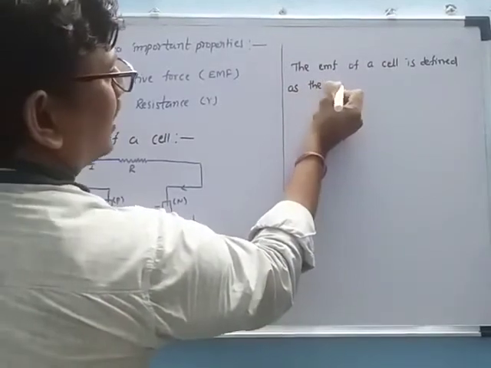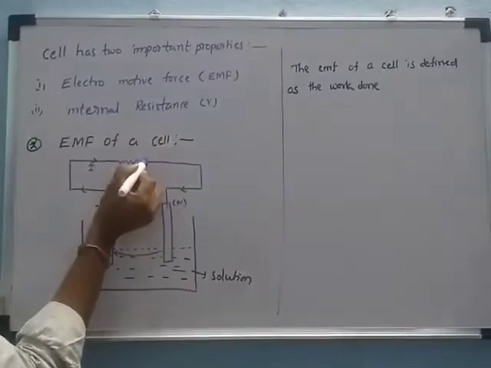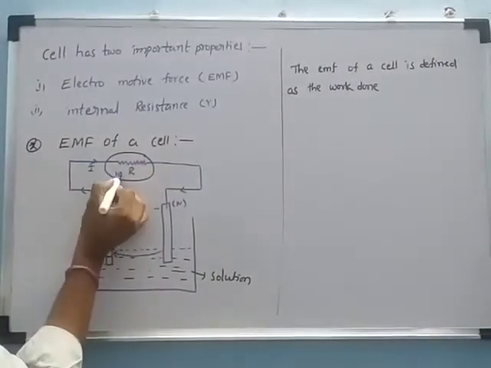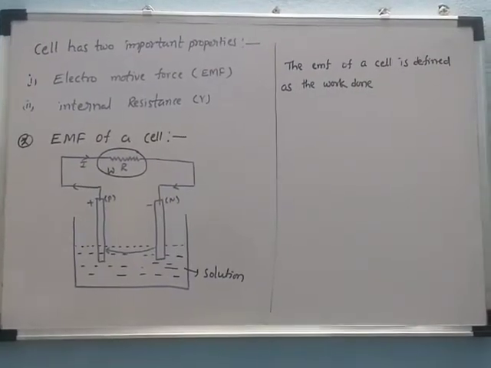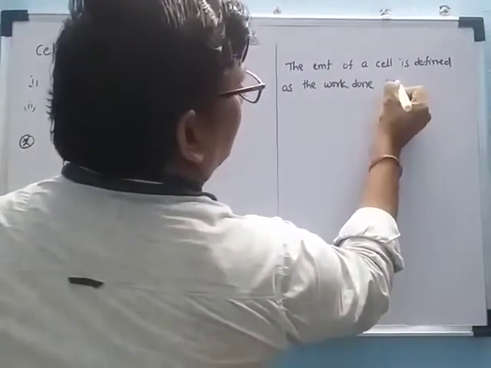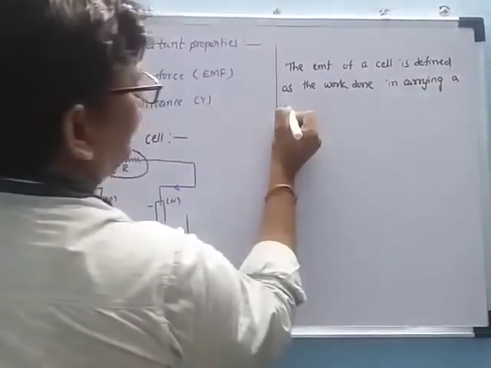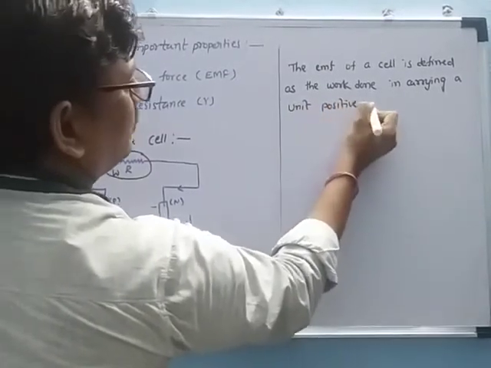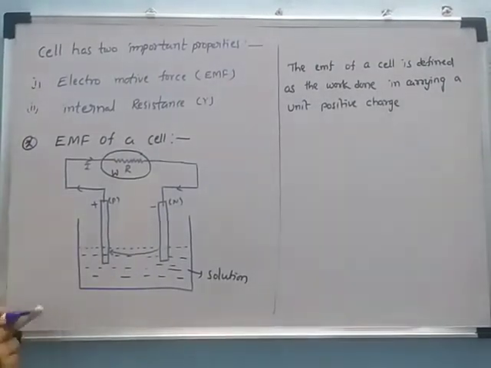Here, due to the resistance, some external work is done in carrying a unit positive charge. So what is being carried there?